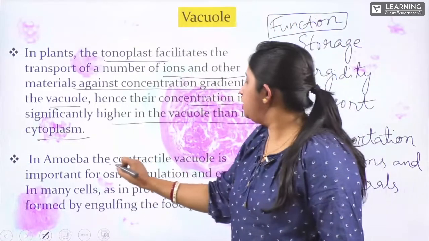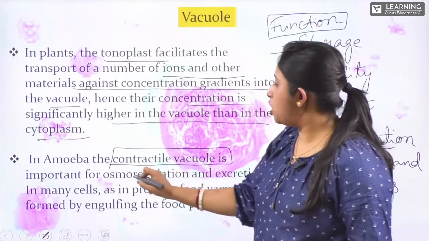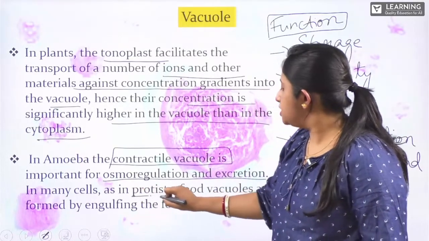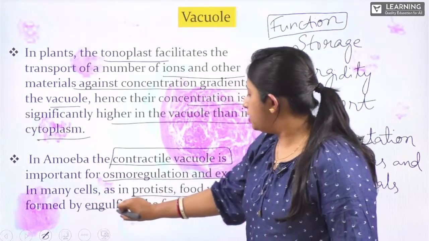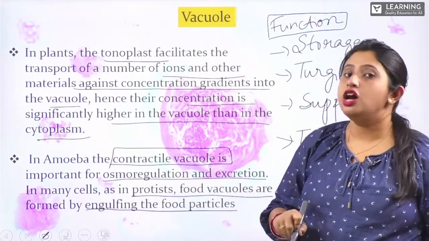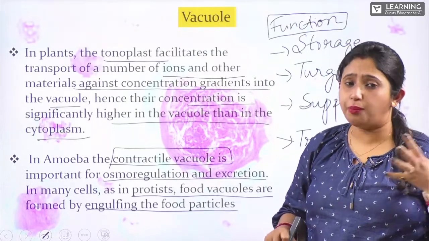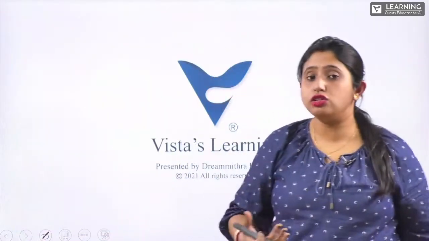In amoeba, the contractile vacuole is important for osmoregulation and excretion. In many cells, as in protists, food vacuoles are formed by engulfing the food particles. As you have seen, in amoeba it is responsible for capturing the food. So vacuoles have various functions and play an important role inside the cell.